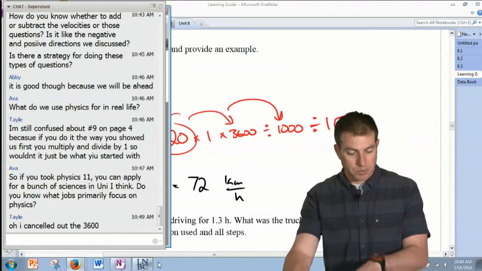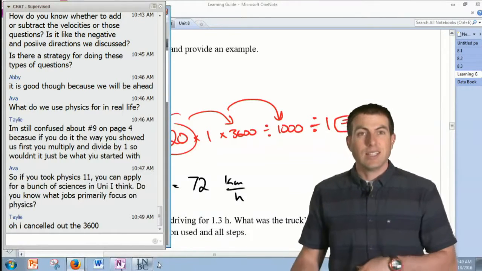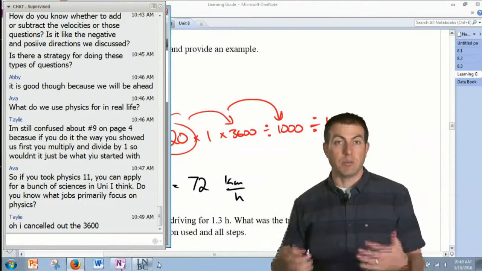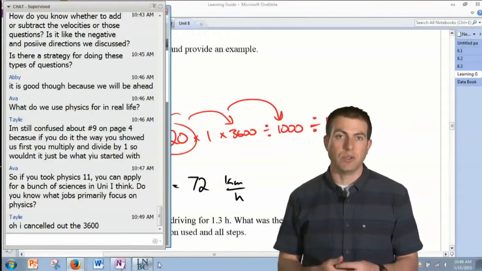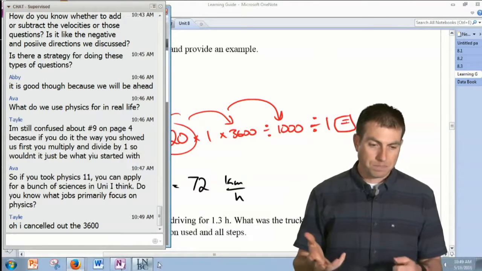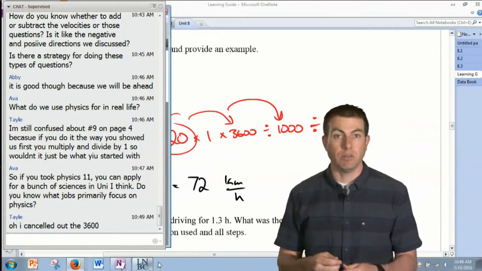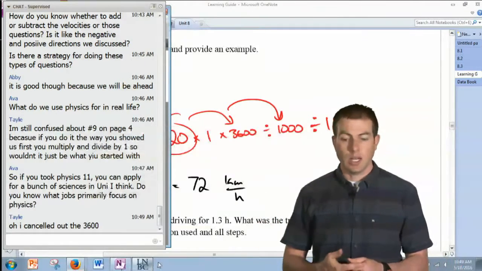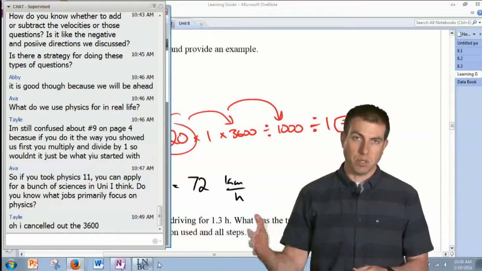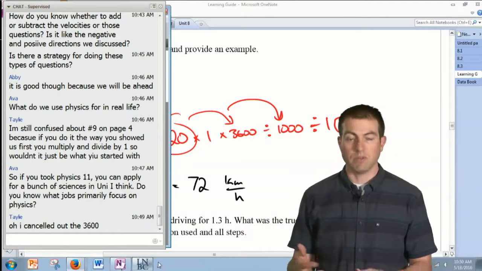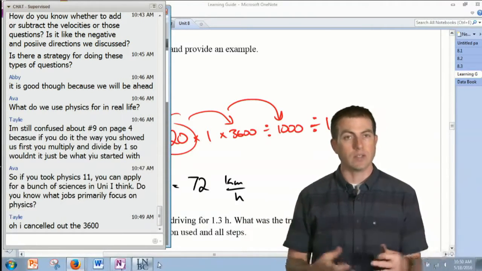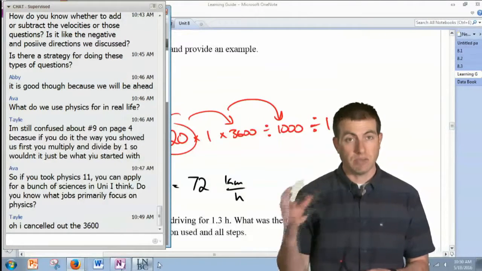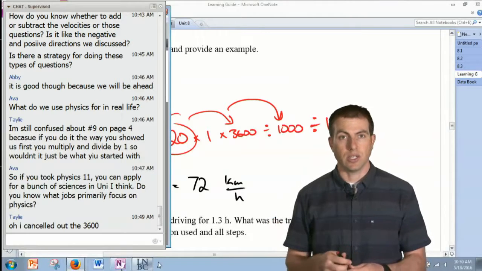What types of jobs primarily focus on physics? It's an interesting question because there's a whole branch of applied physics, and we call it engineering. You could be a mechanical engineer and build things, or a structural engineer and build bridges and roads. Electrical engineers talk about how much electricity can flow through different gauges of wire and stuff like that. If you want to think of applied physics, you're talking about engineering.